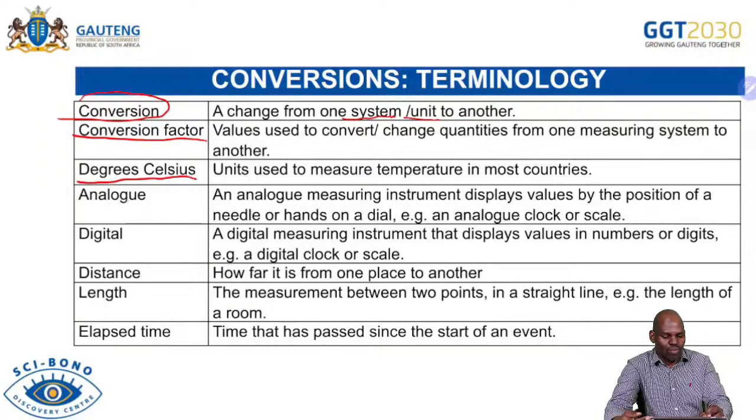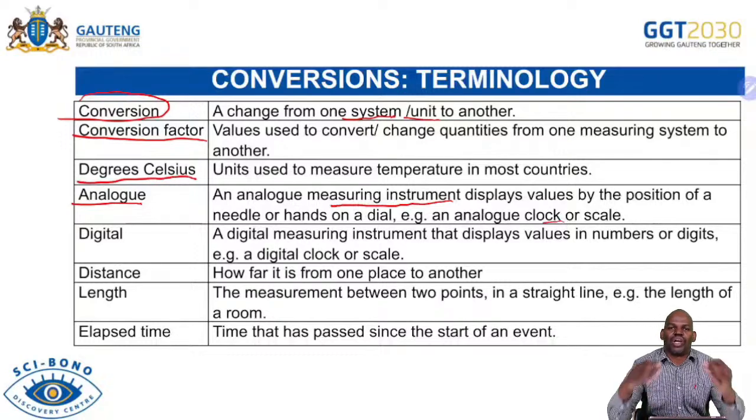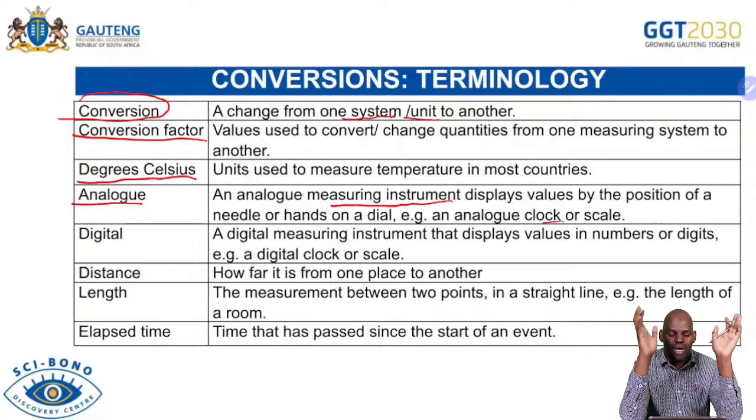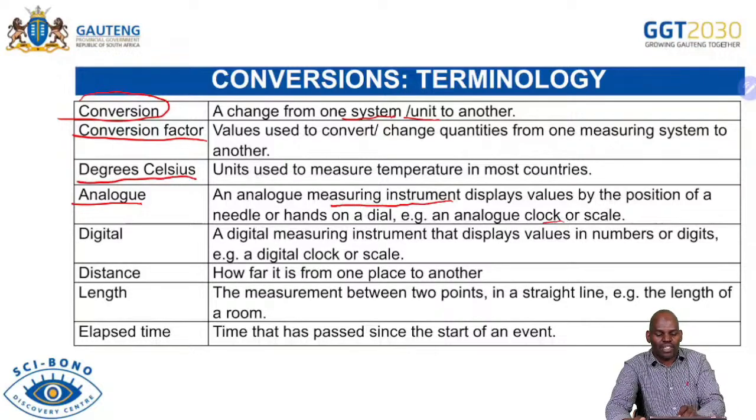Okay. And then we've got analog. What do we mean by an analog? Analog, it's a measuring instrument that displays values by the position of a needle. For example, we've got a clock or a scale. Think about a clock. In this case it's a measuring instrument, because it measures time, but it displays values by the position of a needle.